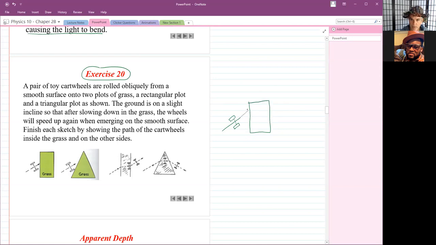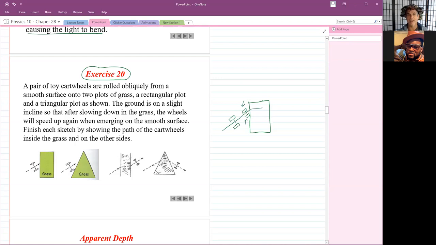As this is going, what's going to happen is this bottom wheel is going to hit the grass first, causing it to slow down, which means that this wheel is going to slow down first. This wheel is still going to be moving faster. It's going to cause this thing to pivot.